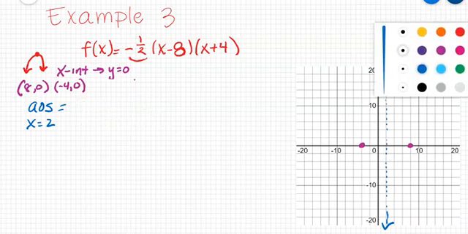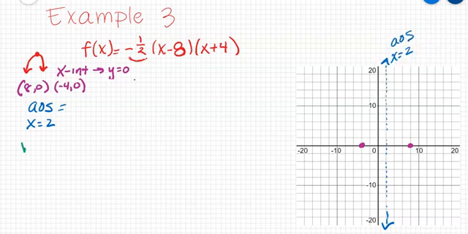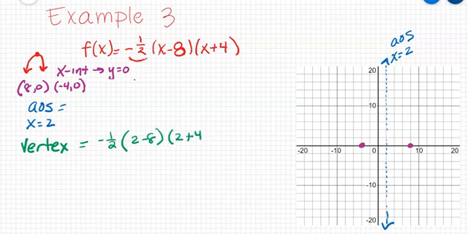The next step is our vertex. The vertex is the highest point. It's our maximum for this graph, and since it is on our axis of symmetry, we plug that 2 into our function. So this is negative 1/2 times 2 minus 8 times 2 plus 4. It works either way. If you have it in factored form, vertex form, or standard form, you can still plug that x in.